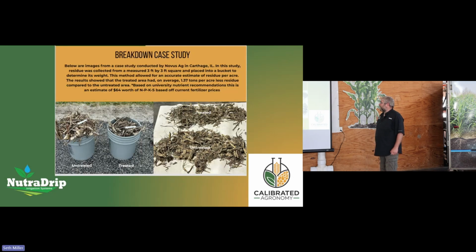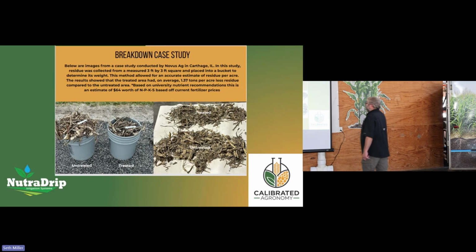This is actually a trial one of our dealers in Illinois did, where they did a case study on using biologicals to break the disease cycle and break residue down. They applied half the field and didn't apply half the field. They went out this summer, about June-ish, and did a hula hoop test, broke up all the residue, put it in buckets, weighed it, and you can convert it.